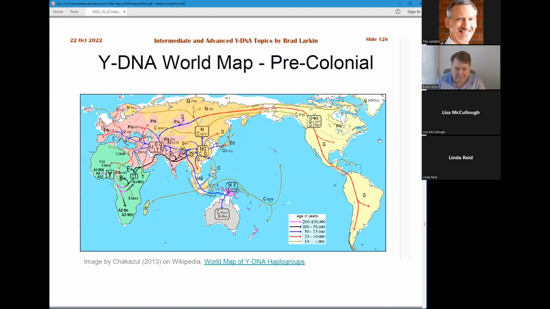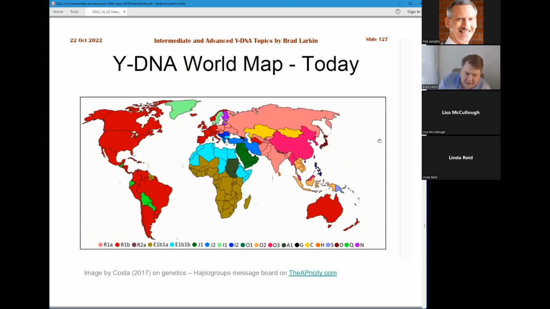This is a notional world map of where pre-colonial Y-DNA major haplogroups moved. Native Americans, for example, are almost all Q, with a little bit of C, and so forth. Today, in the modern populations, these are thought to be the most common haplogroups in the different parts of the world. But again, it's just a concept.